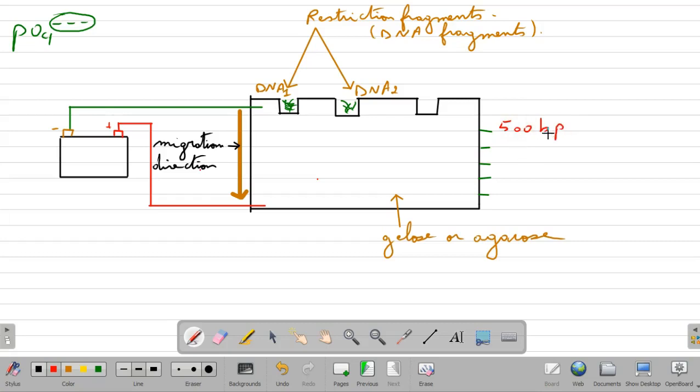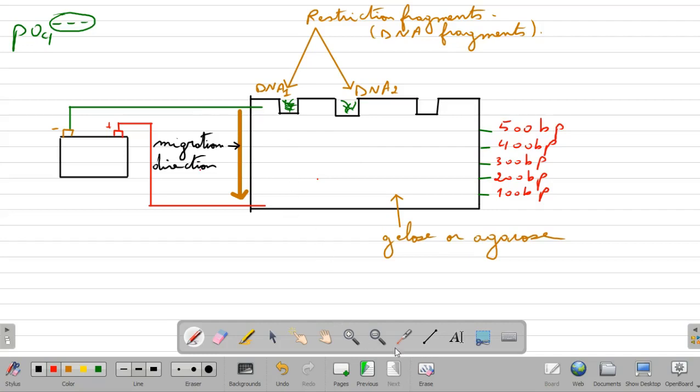The size of the fragment is measured not in kilometers, nor meters, nor centimeters, but in base pairs. And below, for example, 400 base pairs, 300 base pairs, 200 base pairs, 100 base pairs. Now these fragments will move downward based on their size.